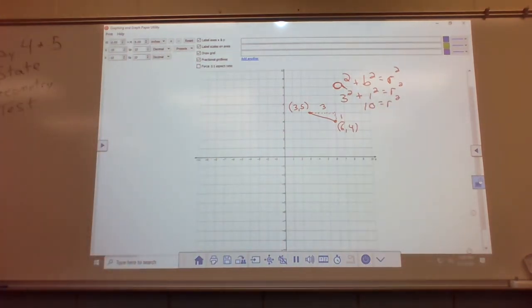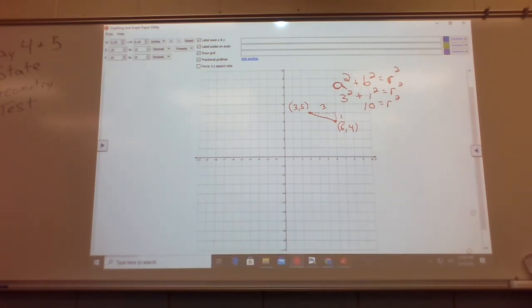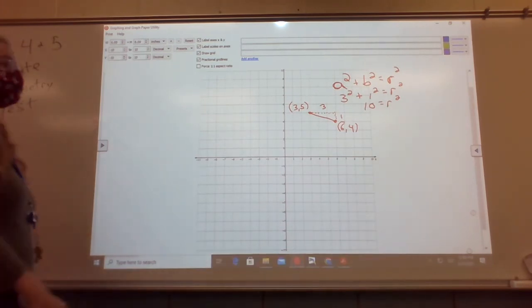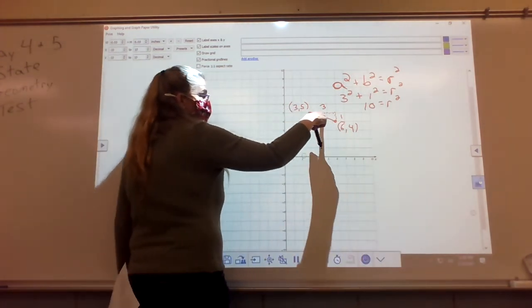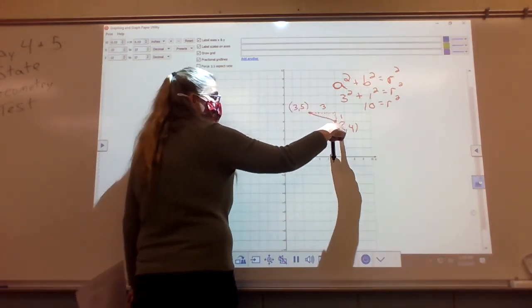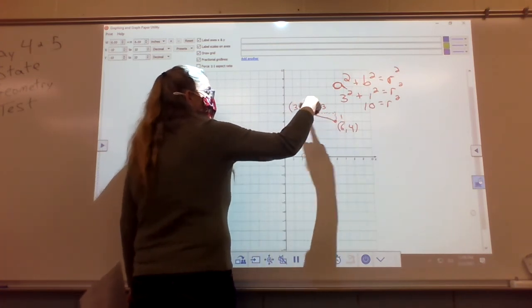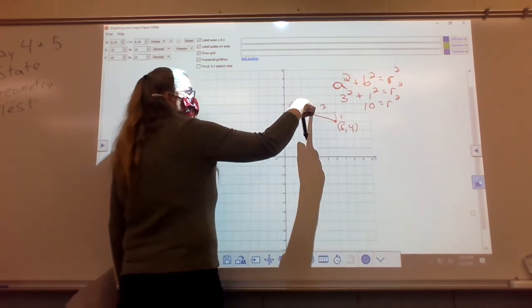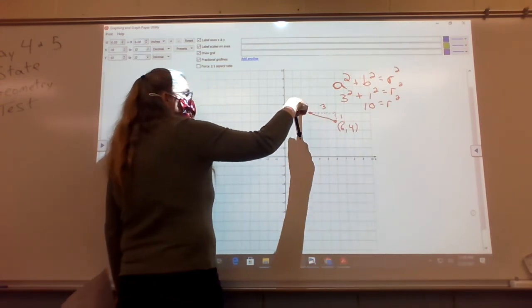Now, yes, I put it on a graph. But now we need to take a look at what we can do if I didn't give you a graph to draw it on. So like I said, from the two coordinates, between the 3 and the 6, there's a 3 difference. That's going to tell me what the x changed. Between the 5 and the 4, there's 1.